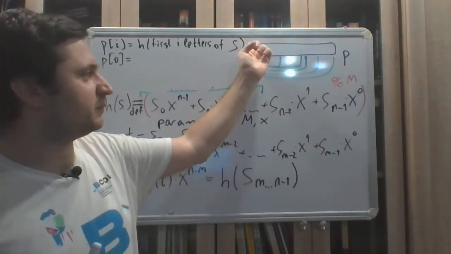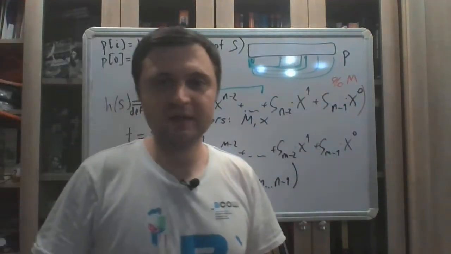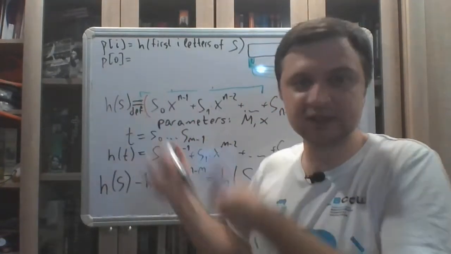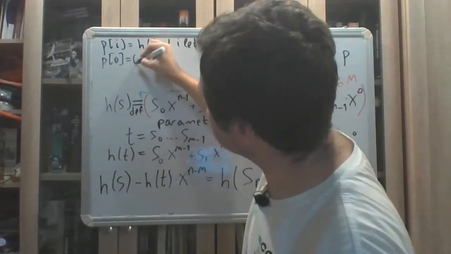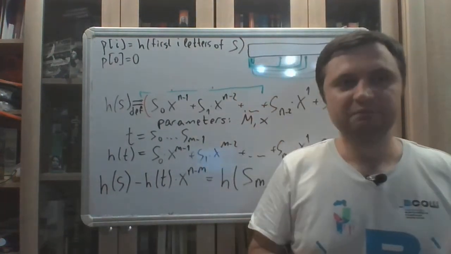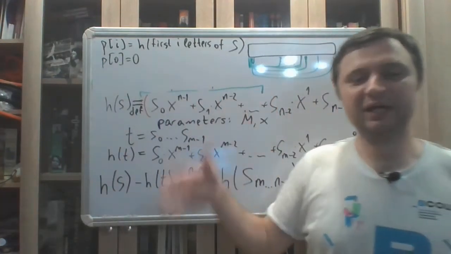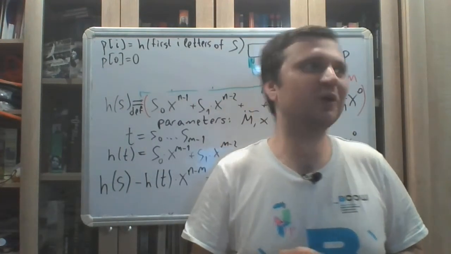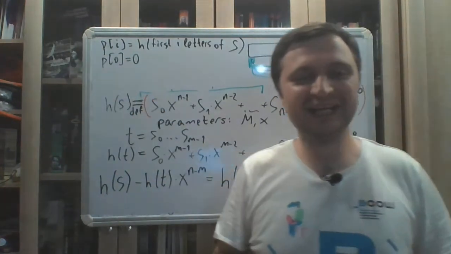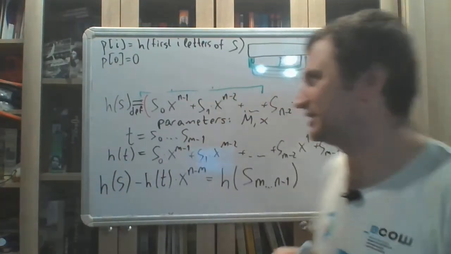This is an empty string, and over here we have an empty sum. The sum of the empty set is 0, so we have an honest 0 over here, and that's it. P of 0 is equal to 0. I would rather store it in the integer array, but if you really want to save the space, I don't know why, you can just omit this element and say that it's simply 0, but I definitely want to store this.